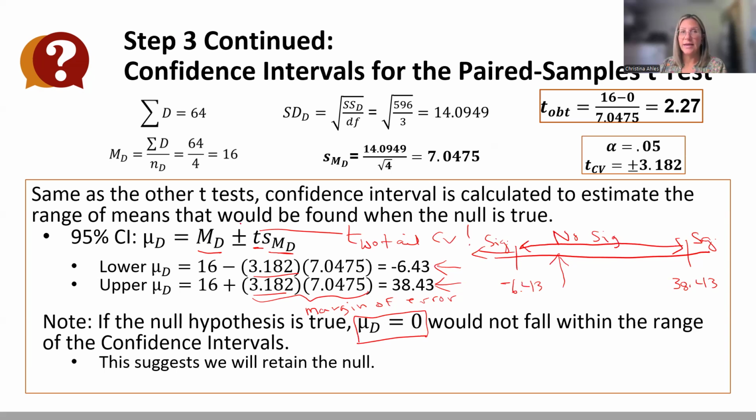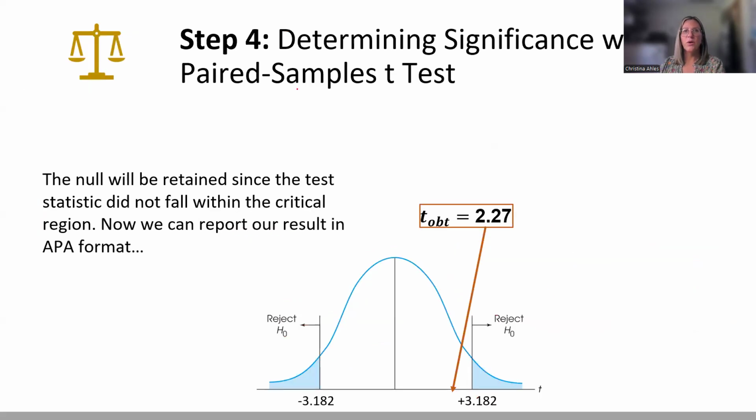And this would be a 95% confidence interval because we used an alpha of 0.05. If you convert 0.05 to a percentage, that's 5%. 5% from 100%, that's 95%. So I always suggest you use your confidence intervals to determine whether it's significant, as well as comparing your t obtained to the t critical value.